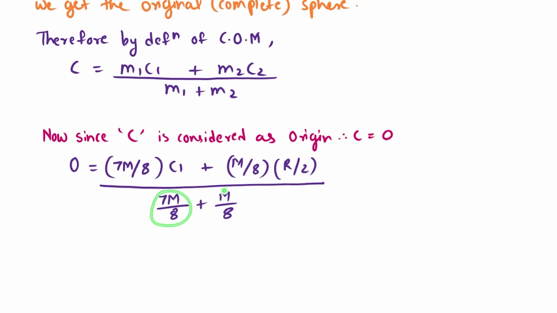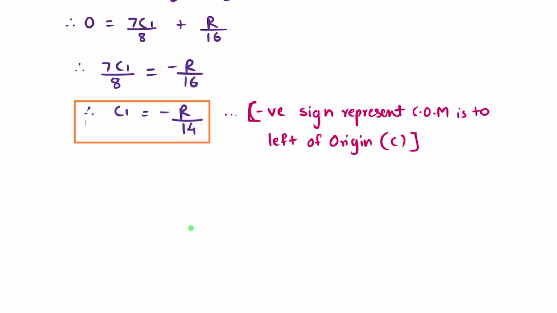And then we have the addition of both the masses. If we rearrange these terms, the term that goes over here gets multiplied by 0, so the result is 0. So we have 0 equal to the following terms in terms of C1 and the radius of the original sphere. And if we simplify this, we get our center of mass for the remaining sphere in terms of r, that is minus r by 14.